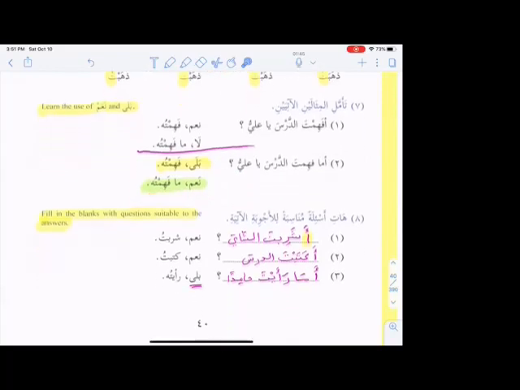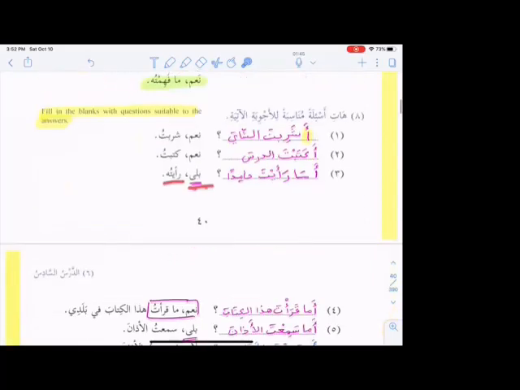So here is more exercise. Asharibta shaya? Naam, sharibtu. Akatabta darsa? Naam, katabtu. Ama raita hamidan? You did see it, so you will say bala, raituhu. Did you get the idea, inshallah?